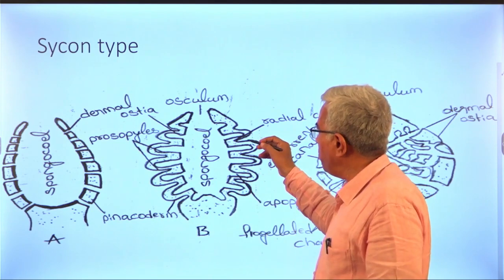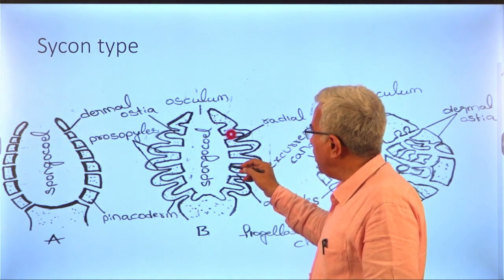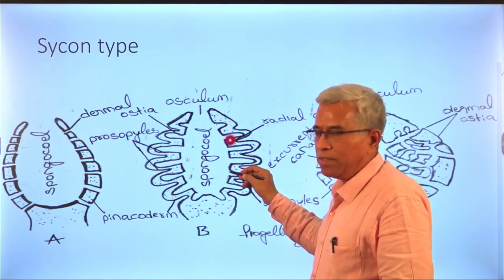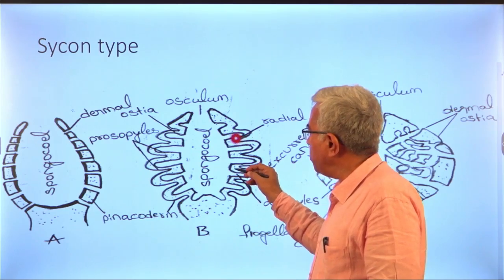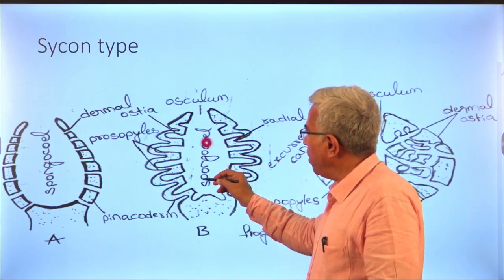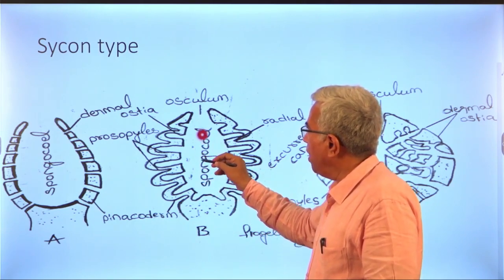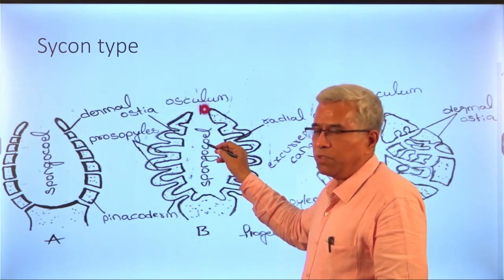That means ostia open into incurrent canals, and later here you can see inside, because of the evaginations certain inner chambers are formed. These are called radial canals. Like that, these incurrent canals and radial canals run parallel to each other, and here you can find one inner chamber, and this inner chamber is called spongiocele, and here you can also find the osculum through which water is going out.